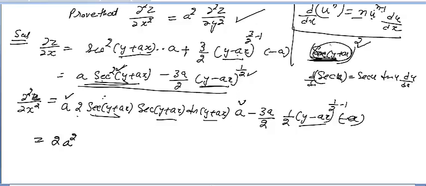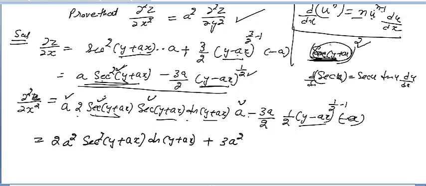The only challenge is the derivative. Secant into secant, secant square y plus ax, and into tan y plus ax. Correct. Now minus minus plus 3a square, 2 into 2 is 4. Now 1 by 2 minus 1 is minus 1 by 2.